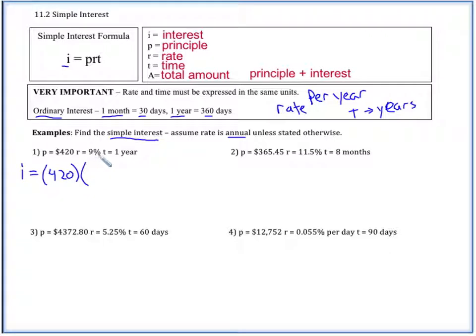Now the rate is 9%, but when we do this calculation, very important that we change this into a decimal. So remember, we divide by 100 here, or move the decimal place 2 to the left. And here we're given our time in years. It says 1 year. So that means we can just put a 1 right there.